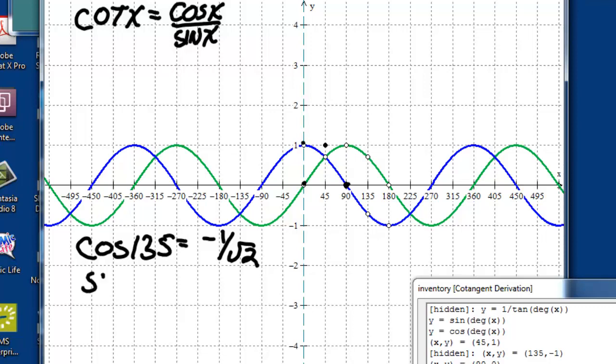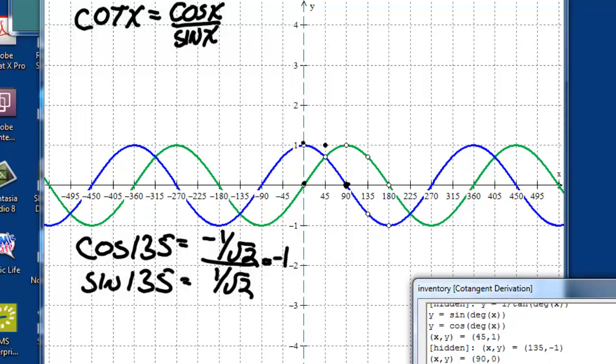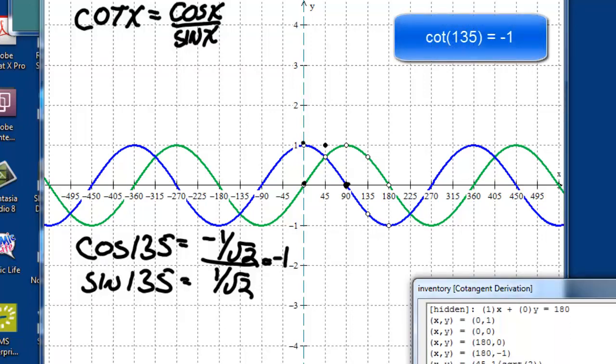And the sine of 135 is positive. Our opposite side is a positive value, 1 over the square root of 2. And their ratio gives me a ratio of negative 1. So at 135, I need a point at 135, negative 1, right here.